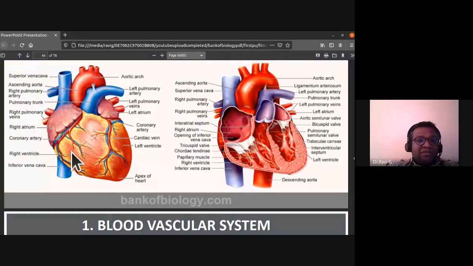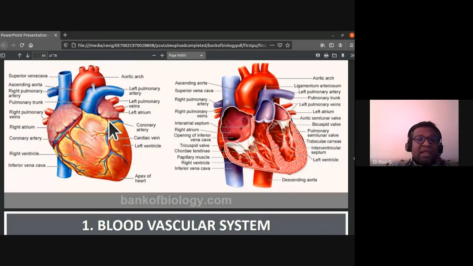Then they also have the cardiac vein and coronary arteries. You should look into this also, because even the heart muscles require blood supply and oxygen. The coronary arteries, sometimes as we age, get blocked, either by blood clotting, or by deposition of calcium, or by deposition of cholesterol.